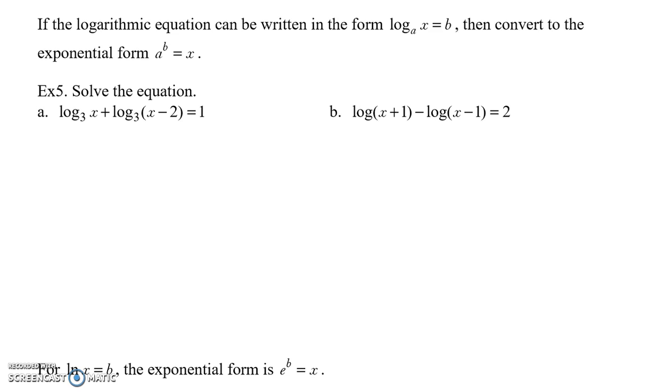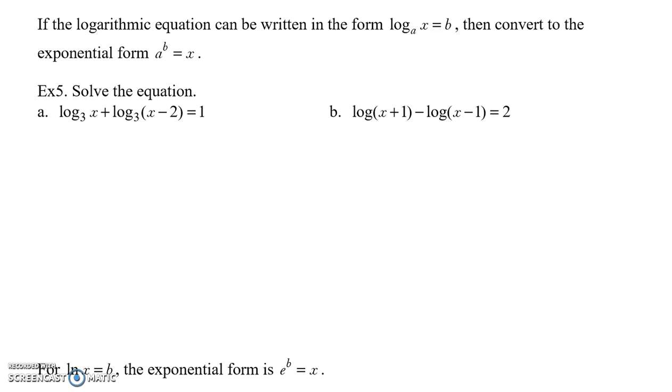If our logarithmic equation can be written in such a form as log base a of x equals b, so we don't have a logarithm on both sides of the equation after we simplify, then we need to convert to exponential form. We need to remove the logarithm by converting it to an equivalent equation in exponential form.